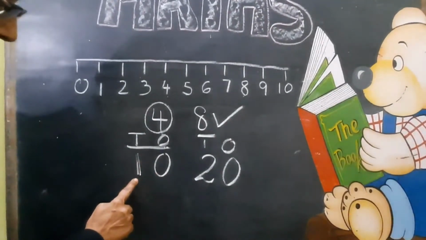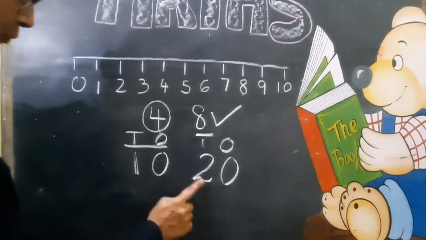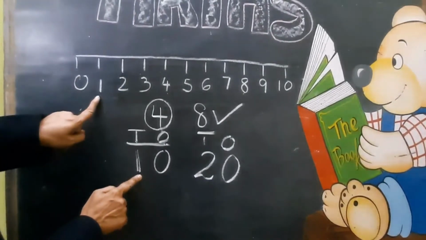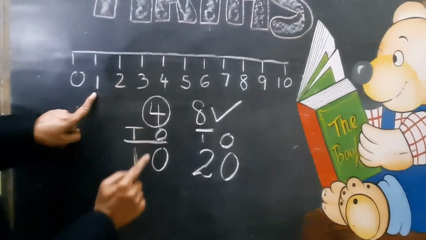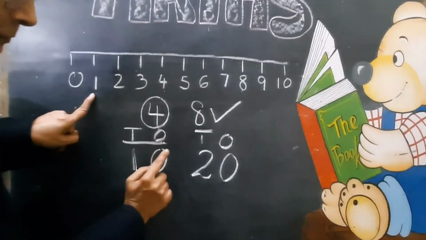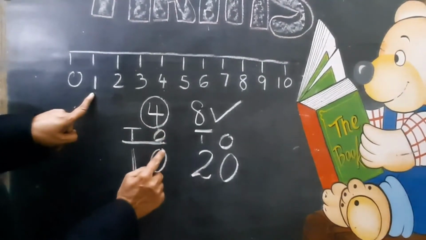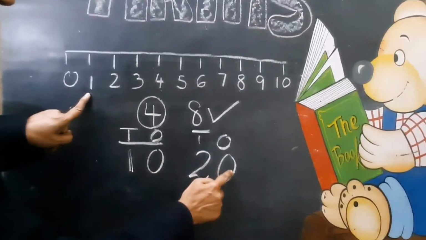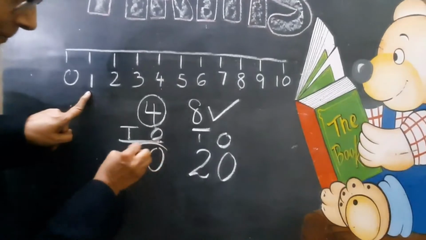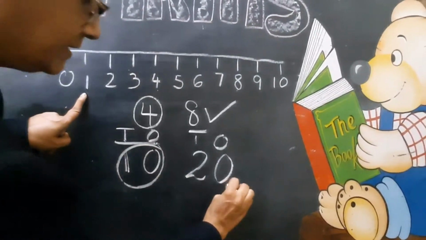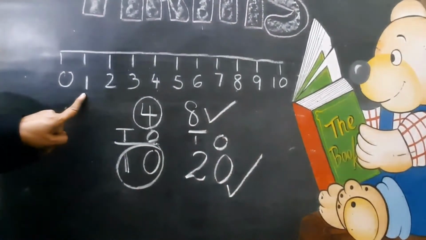This one is 1 and this one is 2. 1 comes first and 2 comes after 1. And in the ones position, both are 0. So 10 is a smaller number and 20 is a bigger number.